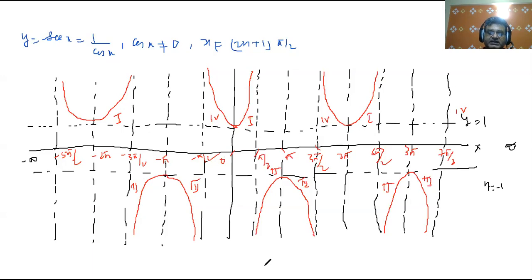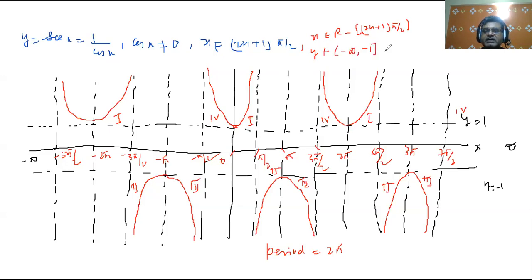The period is here. It is 2 pi. So in this case, sec x cannot take this. It means x can take all real values except odd multiples of pi by 2, and y can take values from minus infinite to minus 1, a union of 1 to infinite.